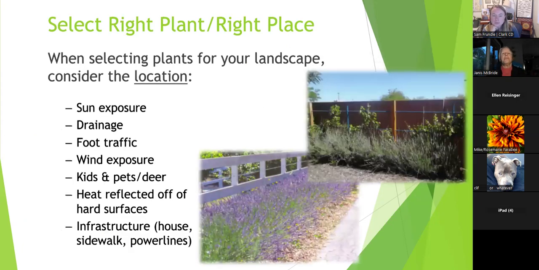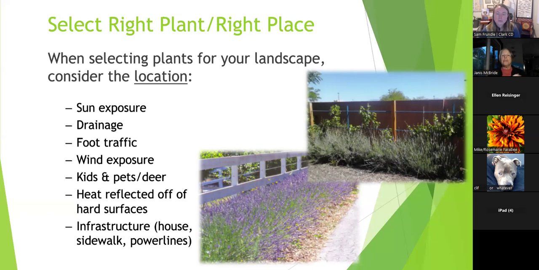Okay, so you can start with the location. If you get a lot of sun exposure, you're going to need a plant that likes a lot of sun. Look at your drainage. Is it a place where water sets? So you're going to need some plants that like a lot of water. Or does it drain really nicely? Okay. Does it get foot traffic? What kind of wind exposure? Do you have kids that are going to be trampling on it?